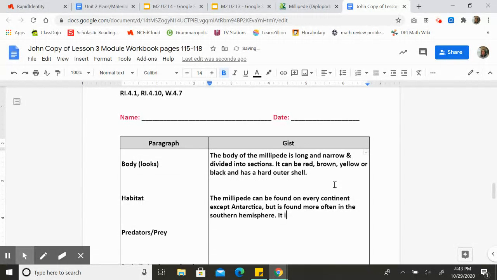You can find it in cool, damp, dark places in the environment. Okay, so I'm going to space that down a couple because I don't want to be running into that.